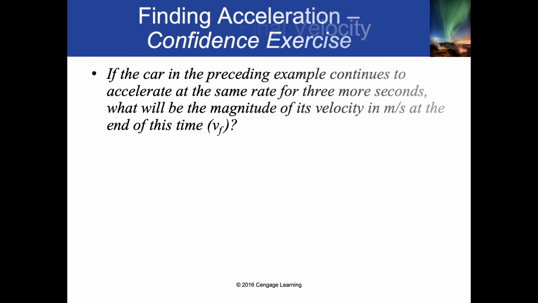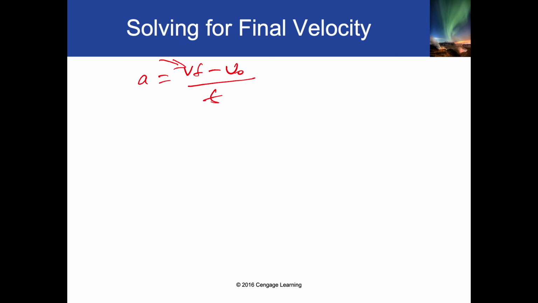All you have to do is multiply both sides by t, right? That's the first step. Because then t cancels out, and you get this t times that a. So now you get at equals final velocity minus initial velocity.